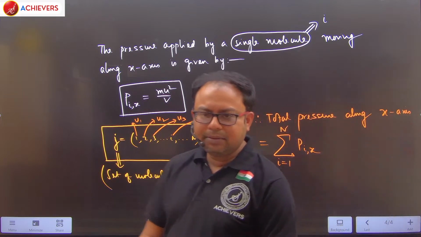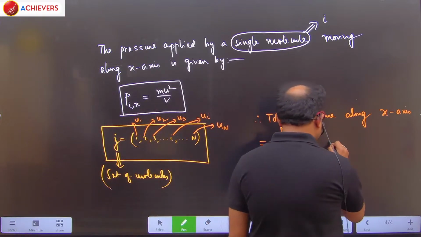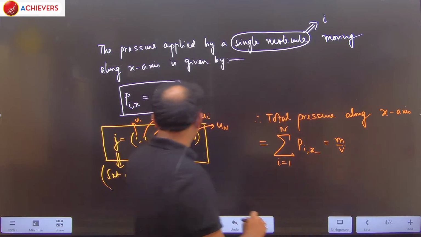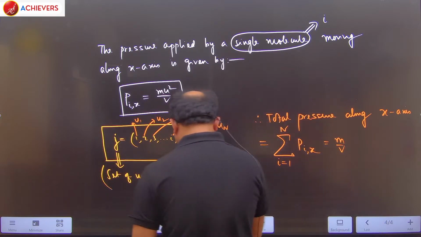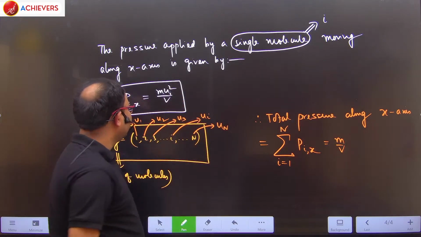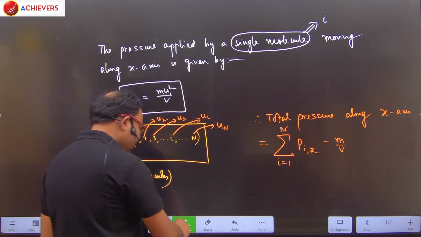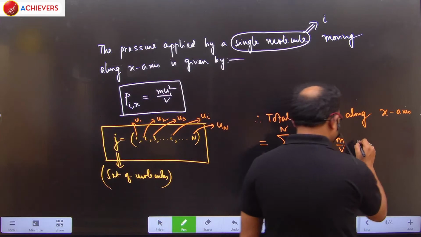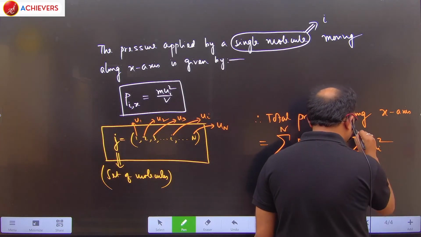As simple as that. So it becomes, see, m by v is a constant, so it moves out of the summation series. And within the summation series, you'll have this factor ui square, where i runs from 1 to n.